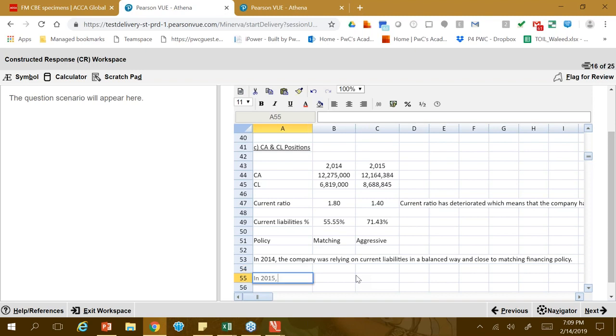In 2015, the company was relying more on current liabilities and close to aggressive policy.